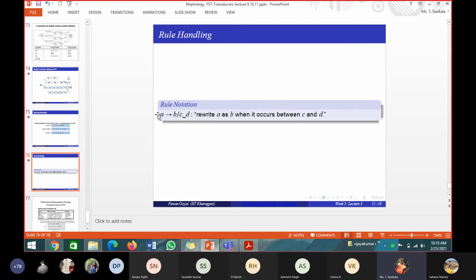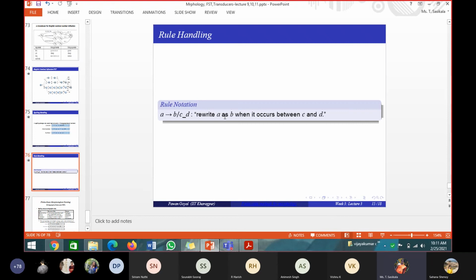I am saying A can be replaced by B only when A occurs between C and D. If A comes between C and D in my intermediate form or word, then in the surface level it can be changed to B. Use these rules to convert from the intermediate level to the surface level.